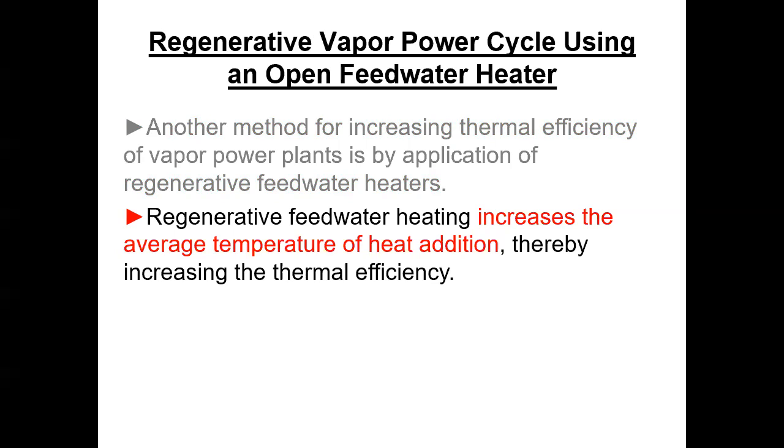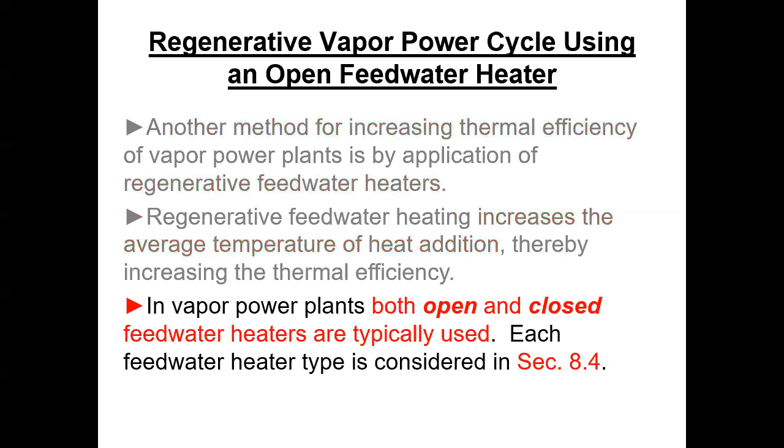So I can increase my average temperature during the heat addition by increasing the temperature of the feed water that goes in the boiler. That's the whole game. Now, let's be creative and figure out how in the world I can move some energy around inside the cycle to do that, because the thermodynamic theory tells me I will get more efficient if I do that. So that's what we're up to here.